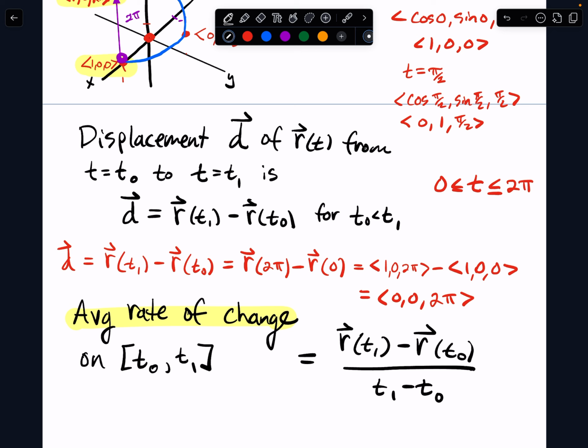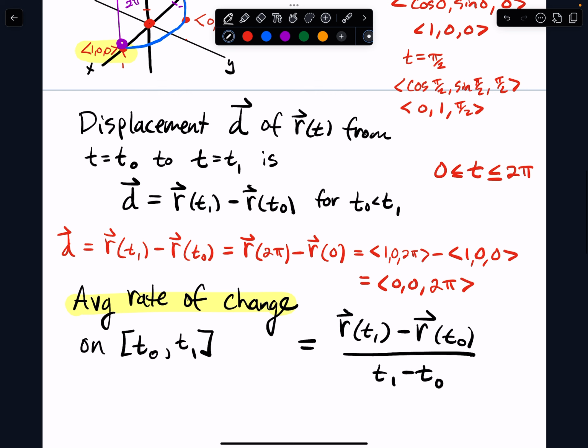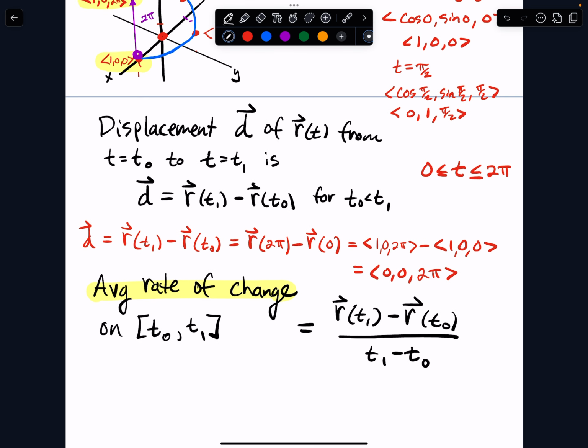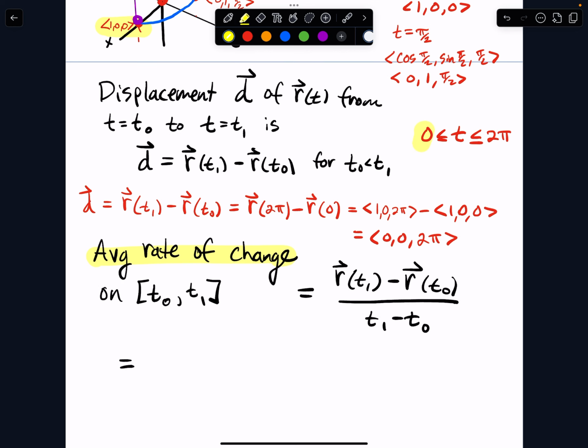Okay, so how do I calculate this for the problem if we just keep sticking with the same one? Let's do from a to b, so this once again from 0 to 2 pi. So this is r of 2 pi minus r of 0 over 2 pi minus 0 for this scenario.